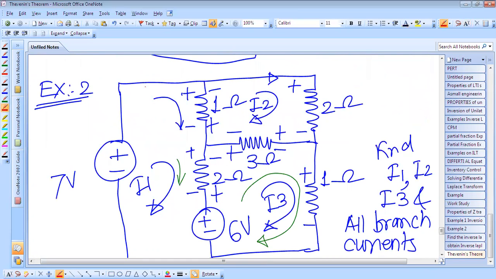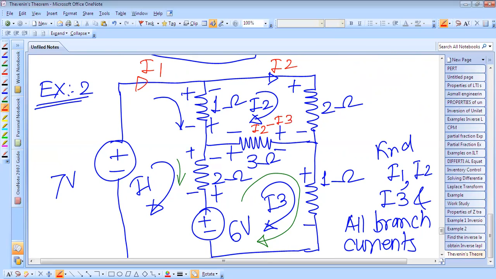So this is the branch current I1. This is the branch current I2. And what is the current here? It is the difference of these two currents, that is I2 minus I3, like this.